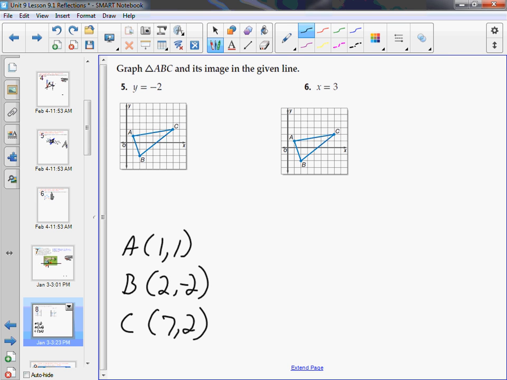It's easier to get perpendicular, right? Because horizontal lines and vertical lines are perpendicular. And it's easier to measure because we just have to count spaces. So for number 5, y equals -2 is our line of reflection. Graph the line y equals -2. Use your straight edge.